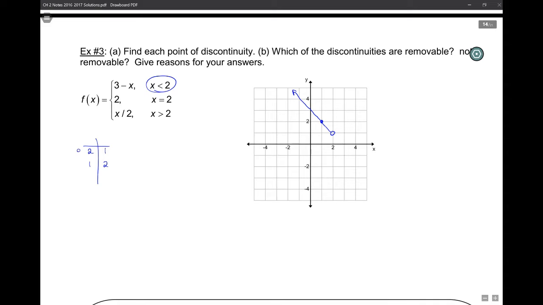So I just need to make sure that those two are equal to each other. I need to make sure the limit as x approaches 2 from the left equals the limit from the right, as well as f of 2, which happens to be the same as the limit from the left. So I'm not really going to consider this; I'm just going to look at these two parts.